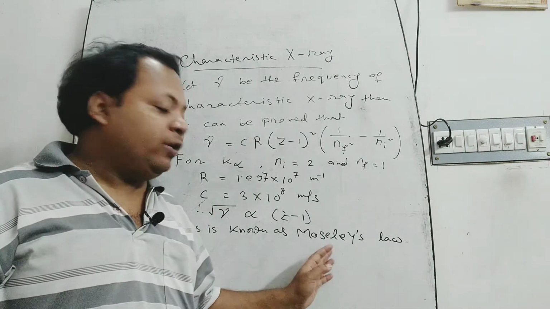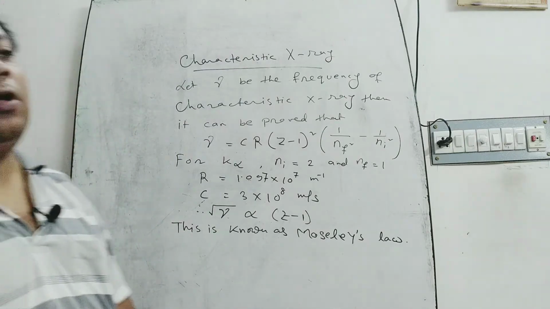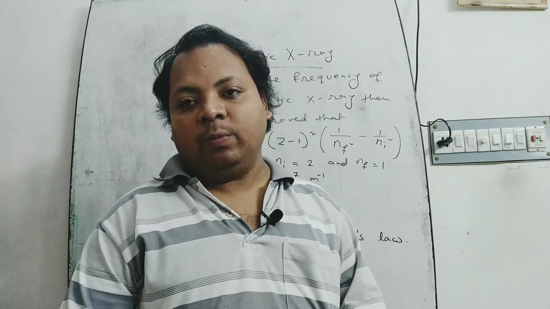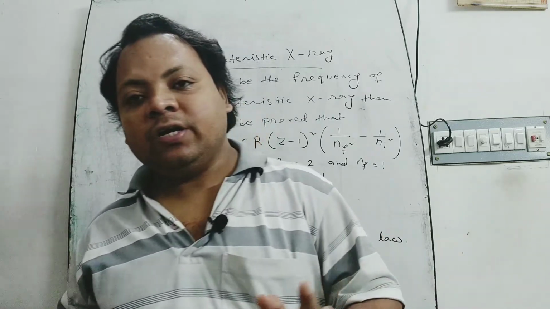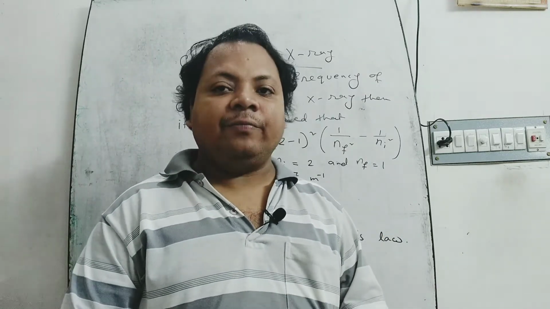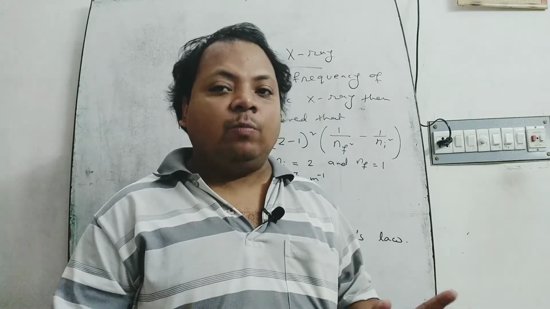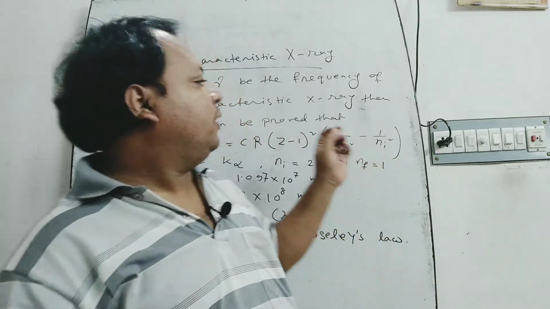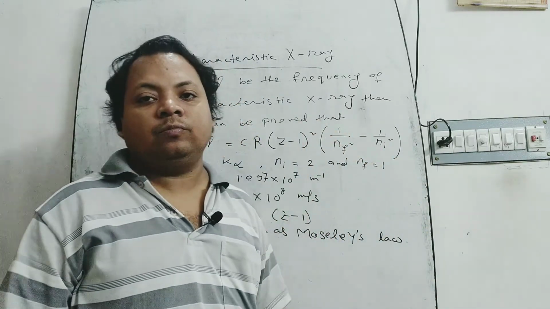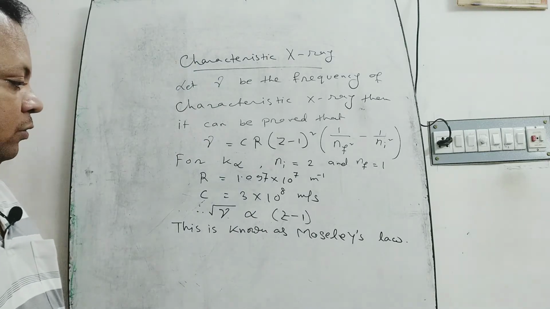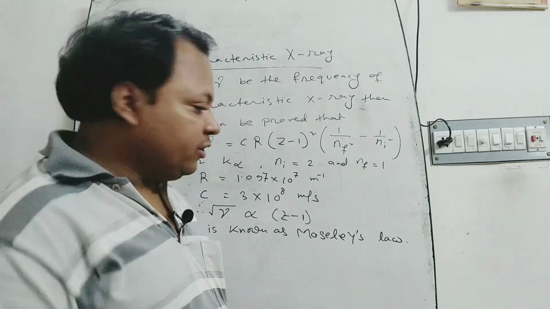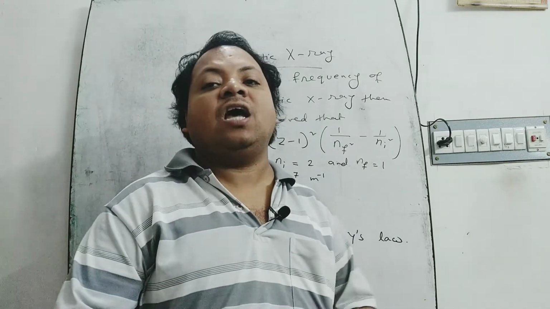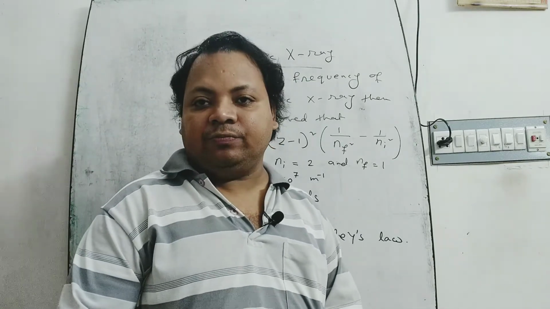This is known as Moseley's law. By Moseley's law, we can rectify Mendeleev's periodic table, and we can establish Bohr's atomic theory. Therefore, Moseley's law carries many importance in physics as well as chemistry.